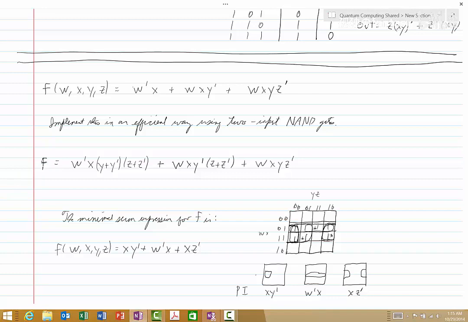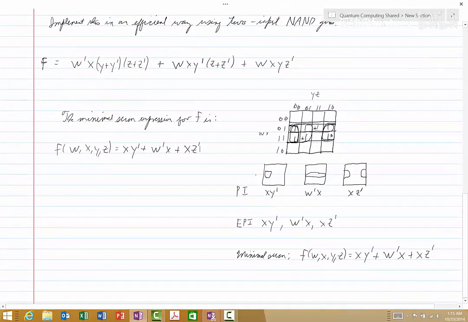And once you have that minimal sum, how do we implement this using only 2-input NAND gates?